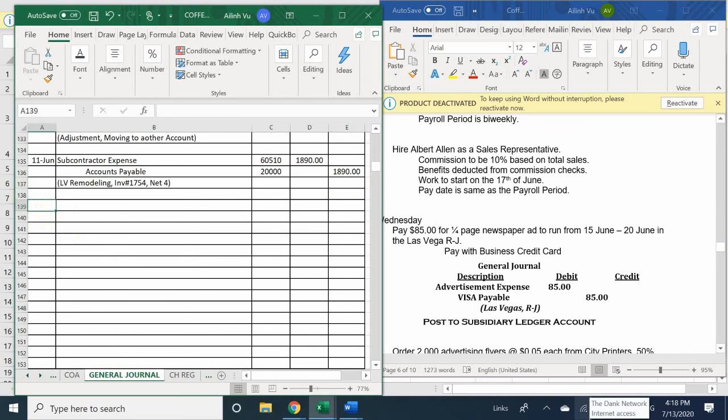On the 12th of June, we incurred advertising expense. Advertising increases, and we use a Visa payable.